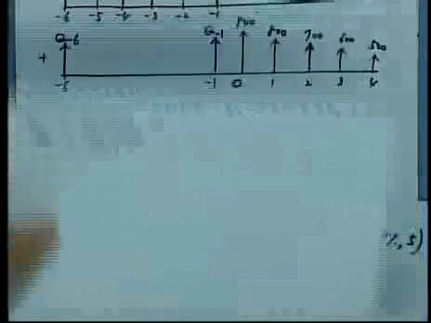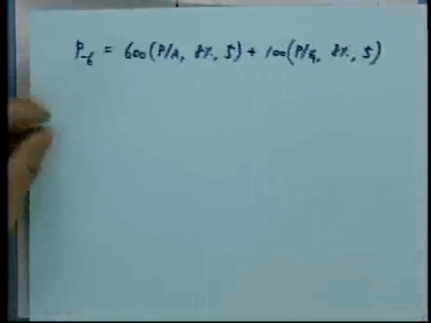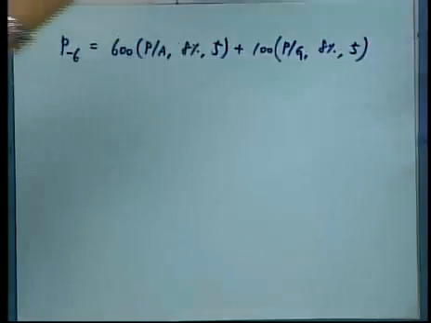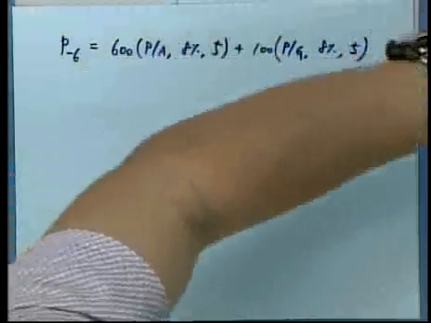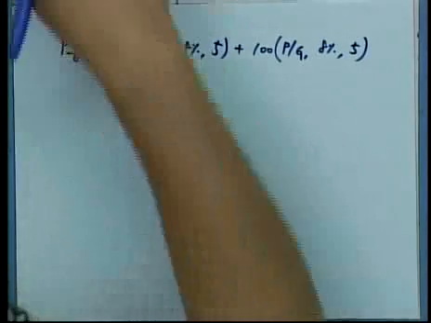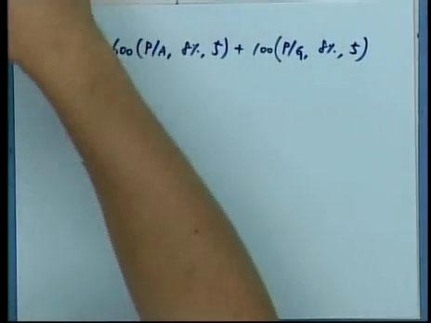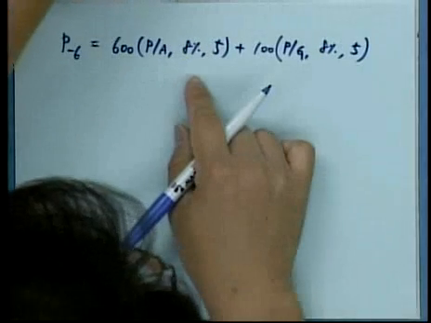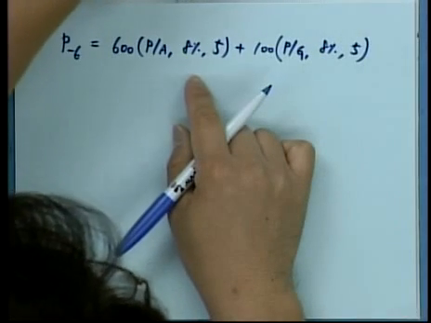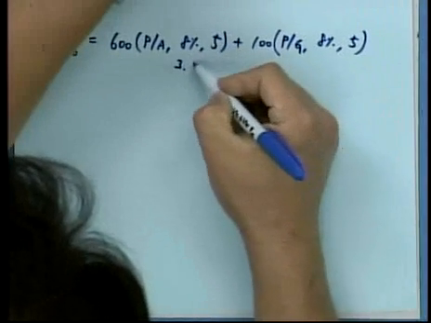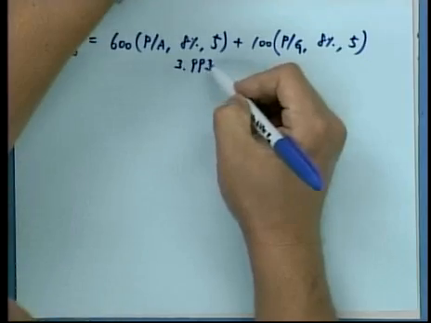So, oh, we didn't get P sub negative 6 yet. So P given A, 8% over 5 periods is 3.993.